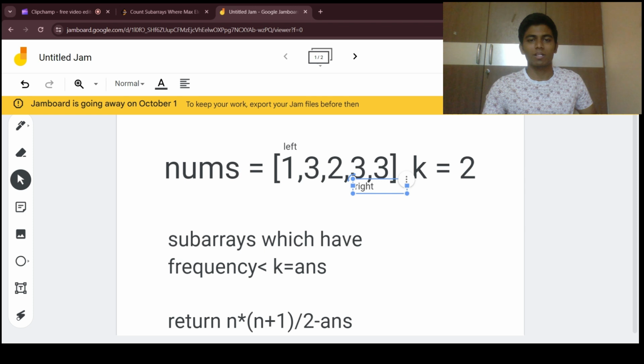So in this case, I'm going to move the left pointer to here. Again, it is 2. Then I'm going to move here. Now the frequency is less than 2, so we move right again here. And now it is 2. So we move left to here and then again to here. And we calculate all the subarrays whenever the frequency is less than k.